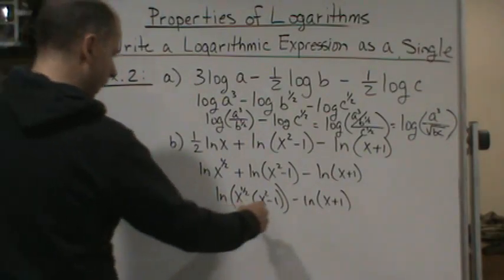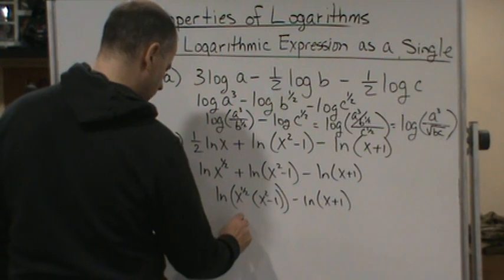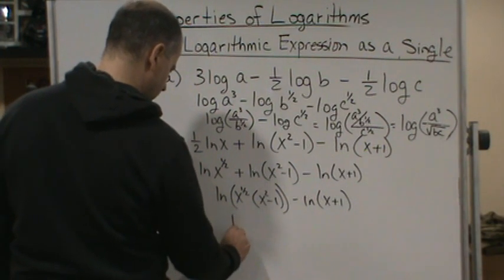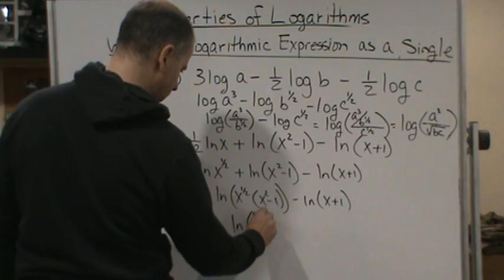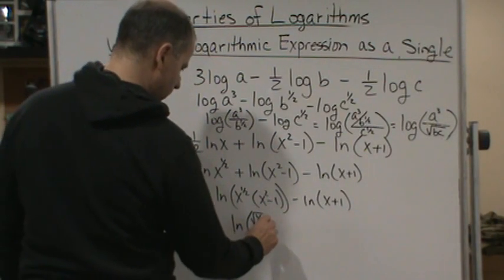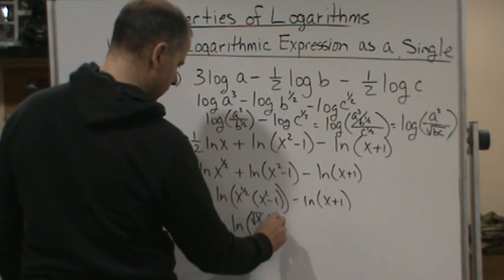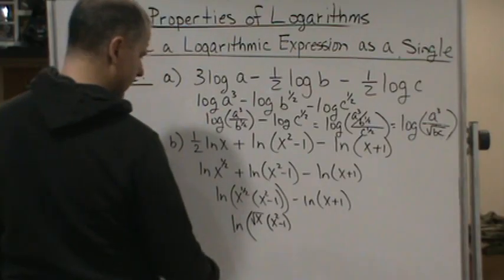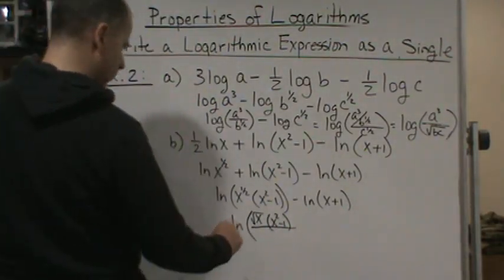Now I'm going to combine these by using the subtraction, so it's going to be using the quotient rule, or the quotient property. So this is going to be natural log of, let's change x to the 1/2 to the square root of x, since that's what it is. So square root of x times x squared minus 1. Notice that that's a difference of two squares, so we'll factor that out.